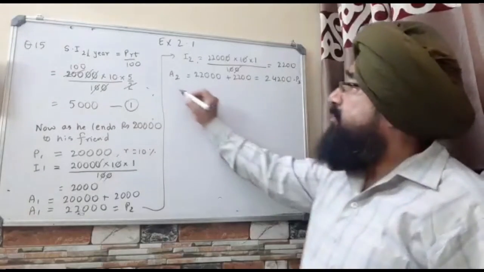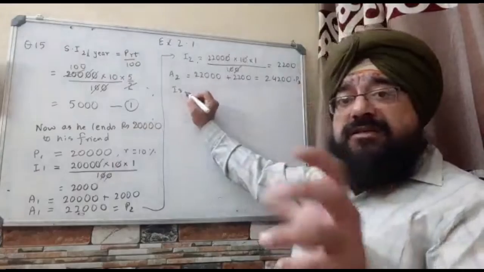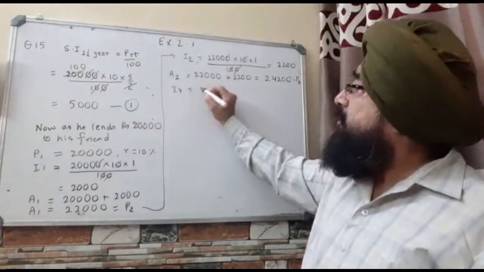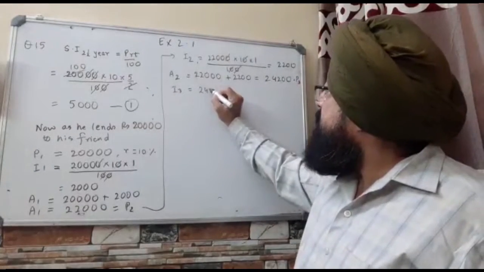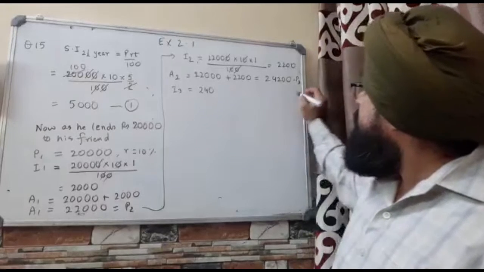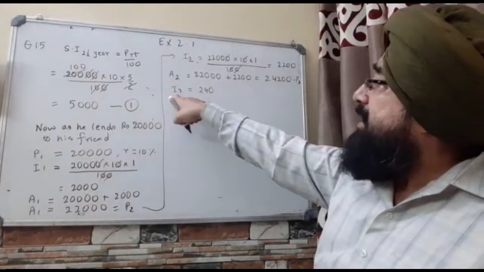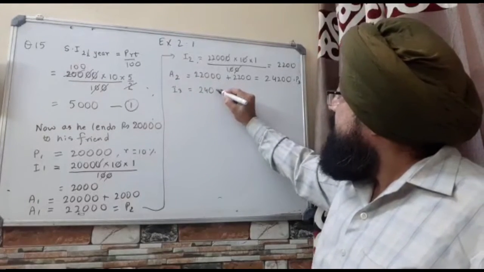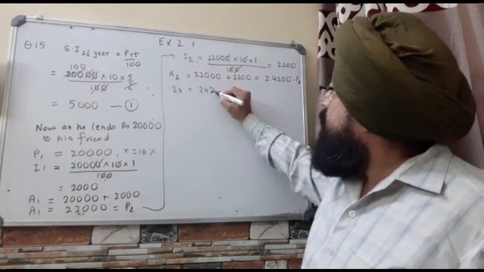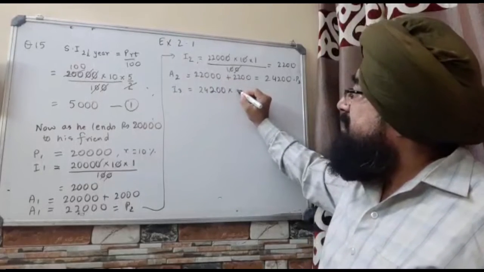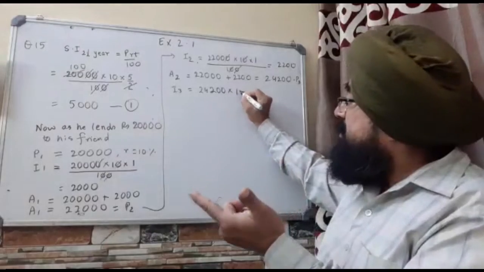So from this you can calculate I3, the third interest, which is only for the 6 months, because the total is 2.5 years. So I calculate I3. So I3 is 24,200 into rate, which is 10% per annum.